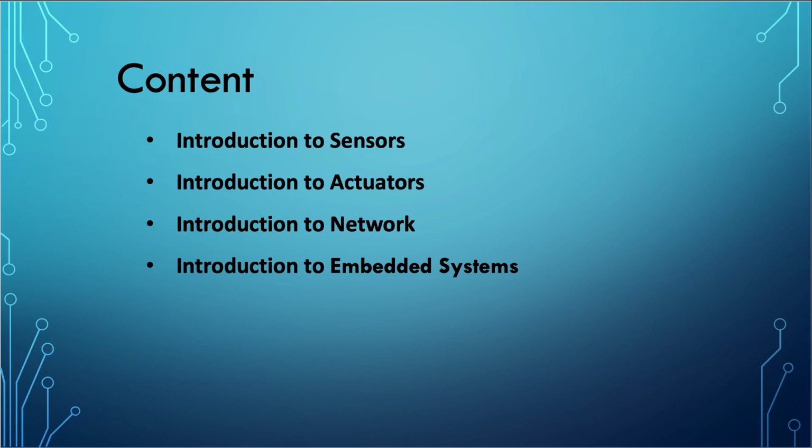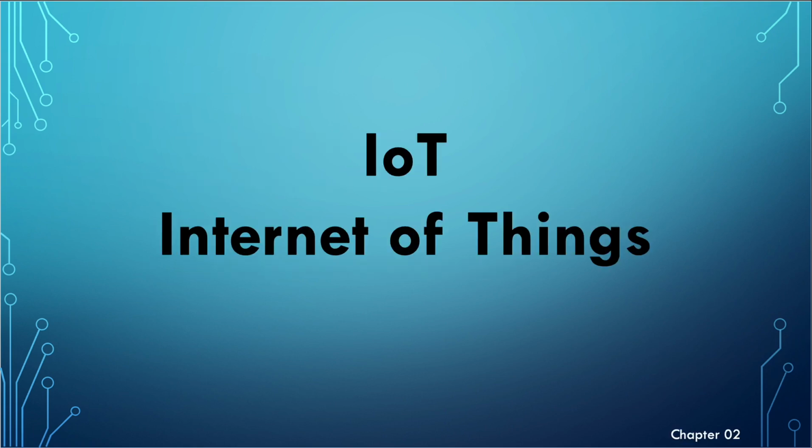Basically, what we are going to learn through this is a small introduction to the sensors, actuators and networks, and also embedded systems available in IoT when designing a hardware component.